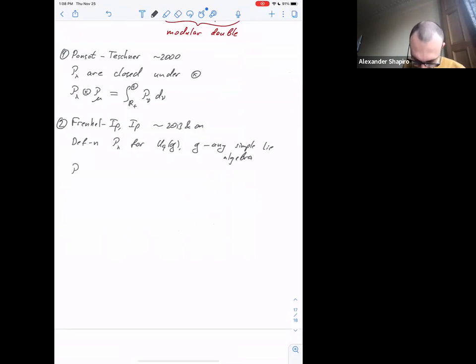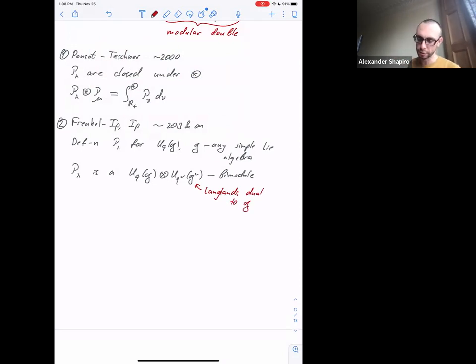They showed that this P lambda is actually again a bimodule for UQG and UQ check G check, where this G check is Langlands dual to G. So this is just another super interesting property of these representations.